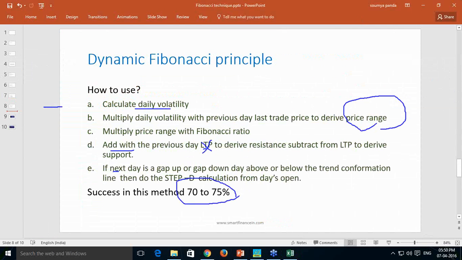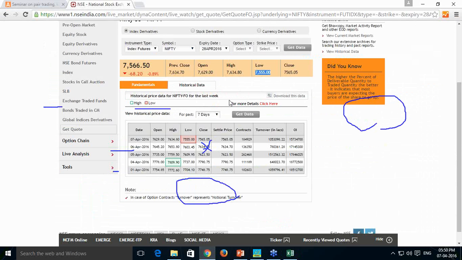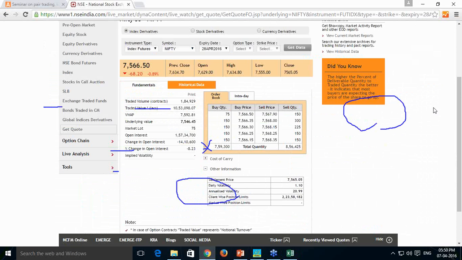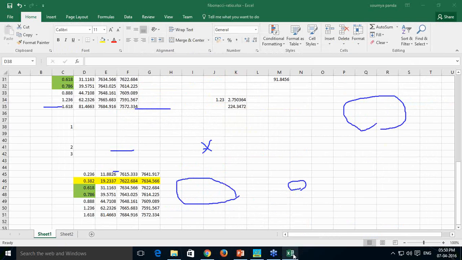If I am going to do the same calculation, for simplicity I'm just taking the NSE data as reference for volatility information. For any futures instrument, you can find its daily volatility from the NSE, which is 1.10. Though it is not the correct estimation of volatility, you can take it.